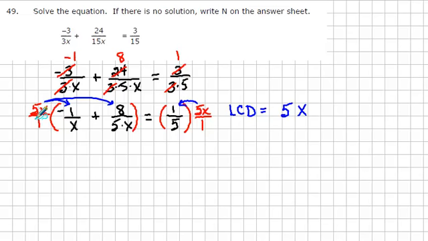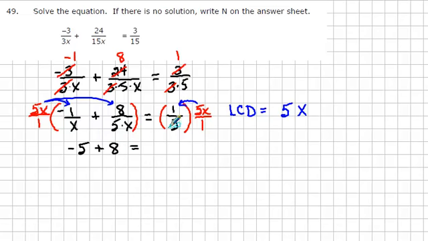When we multiply 5x by minus 1 over x, x goes into x one time, and that leaves us with 5 times 1 times negative 1, which is negative 5. When we multiply 5x by the second term, 5 divides into 5 one time, x divides into x one time, and 1 times 1 times 8 is equal to 8.